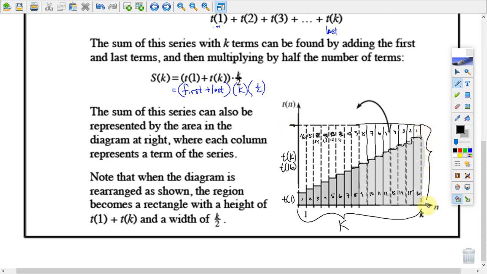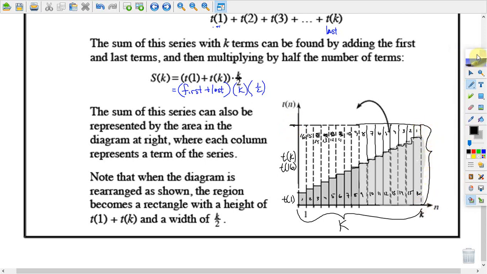I'll rewrite it over here. We would be summing the first 16 terms in this series the way that it's written. So we're going to take t of 1 plus t of 16. That makes our k value 16, so the base is 16, and that'll give us the area of this whole rectangle.